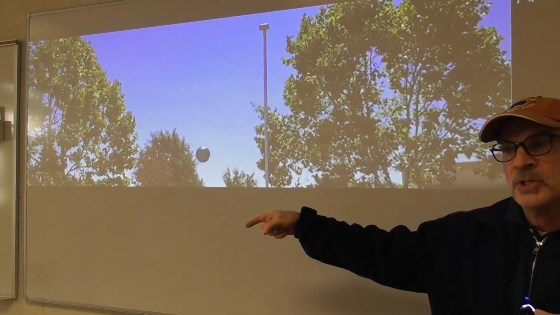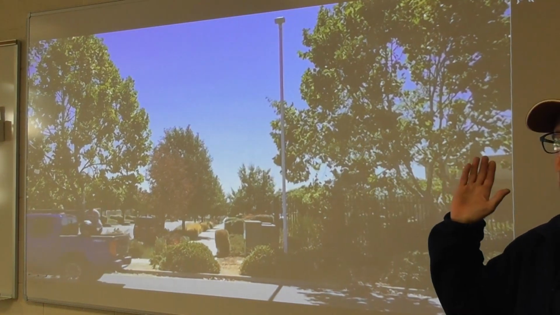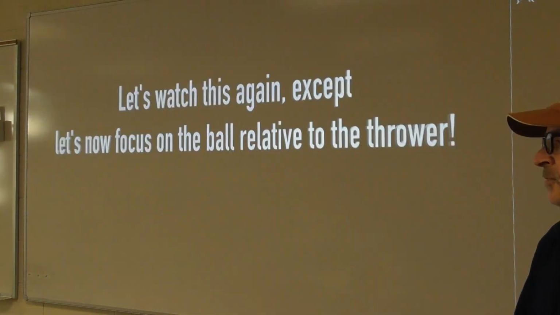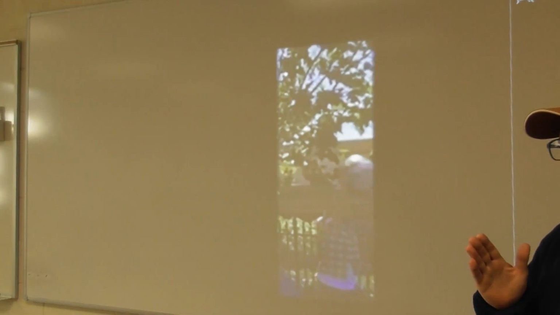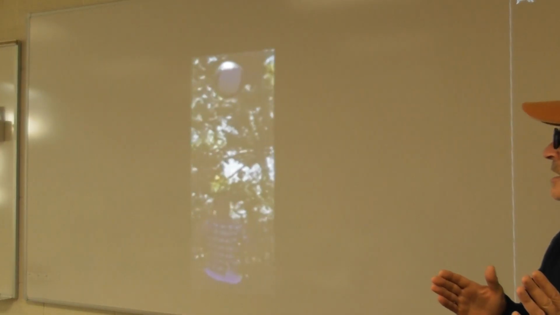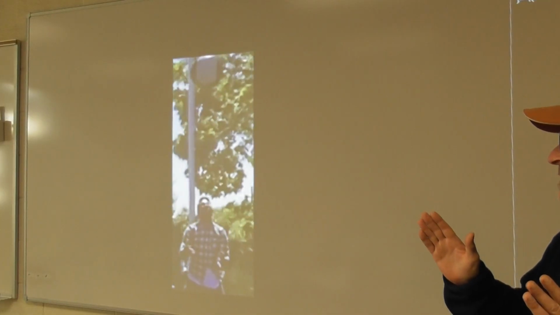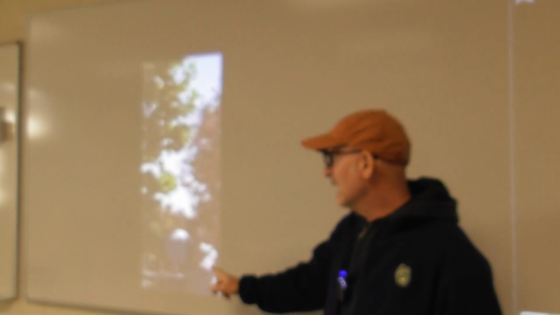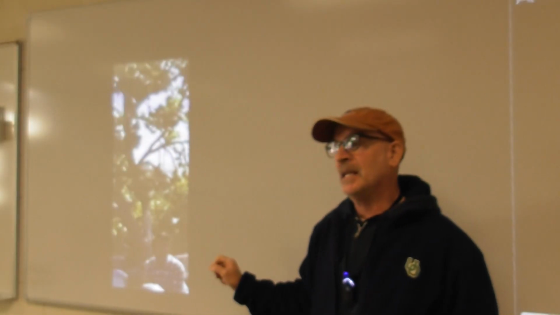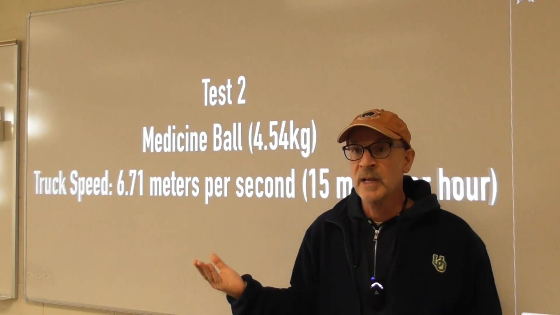So this is what I mentioned earlier. It's called projectile motion. This is what happens when you have an object that's moving horizontally while it's in free fall. But if we then edit the video so that it looks like the ball is staying in the same place horizontally, you can see it goes up and it comes back down. It's almost exactly as if the truck wasn't moving at all.